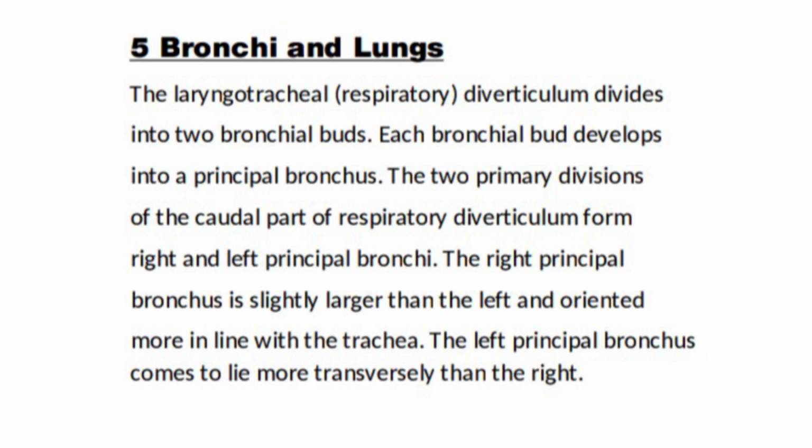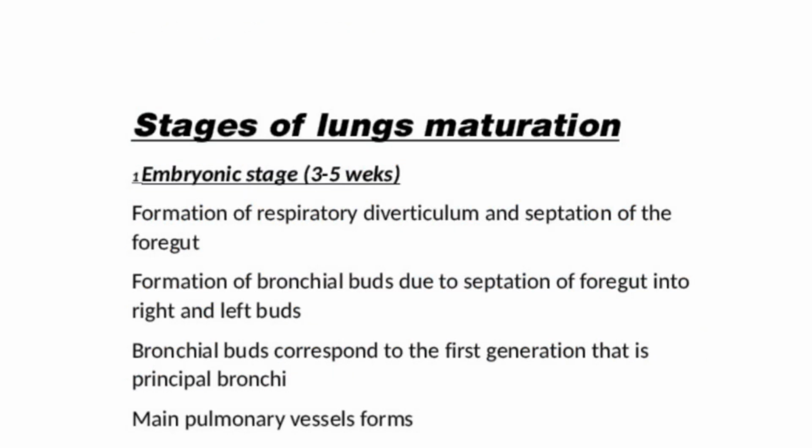Now, let's start with the first one, that is the embryonic stage or the embryonic phase. This phase occurs between 3 to 5 weeks of intrauterine life. The following processes happen during this stage. First, there is formation of the respiratory diverticulum and the septation of the foregut caudocranially by the tracheoesophageal septum.